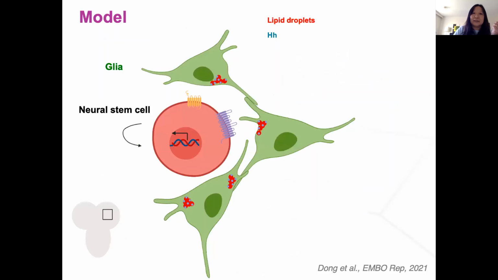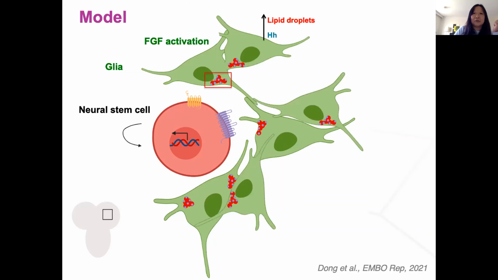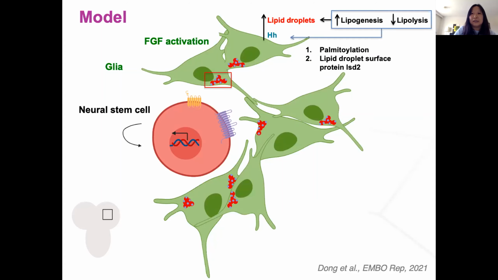And what we think happens is that in the glia cells, there are hedgehog molecules that are tethered to the lipid droplets. And upon FGF activation in the glia cells, you've got really increased number of both. And this causes a net increase in the overall lipogenesis and decrease in lipolysis.